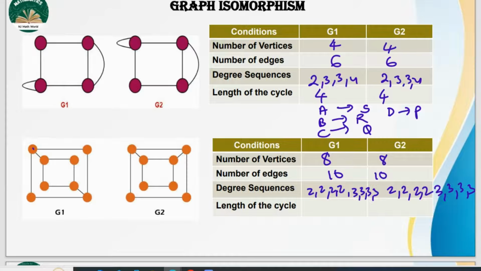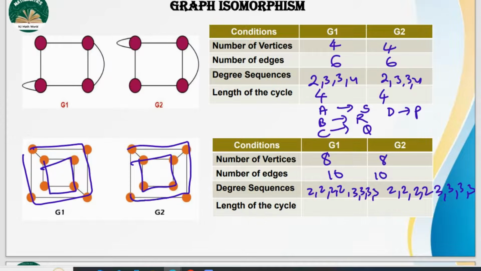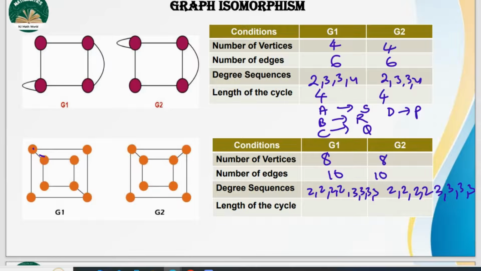If I take from here, it is 1, 2, 3, 4, 1, 2, 3, 4. Okay. Then if I take from here, 1, 2, 3, 4. Here also I have 1, 2, 3, 4. Then if I take this 1, 2, 3, 4, I can take here 1. But here it is not the same, na? I can take this here. Here it is 1, 2, 3, 4. Cycle is 4. But here I have only 1.